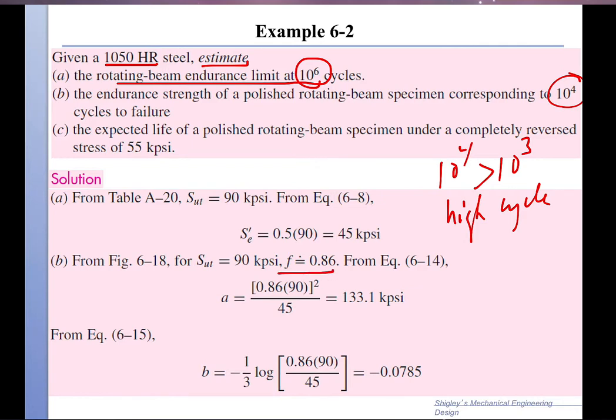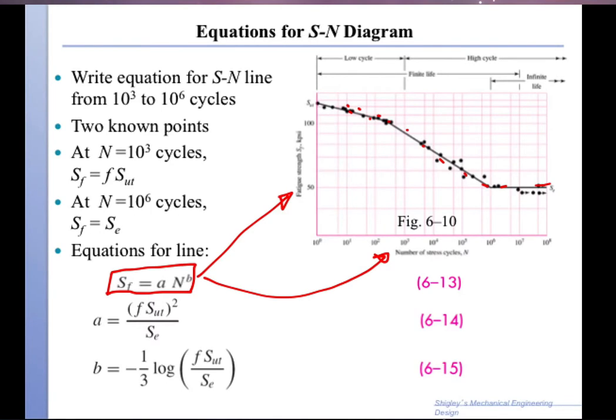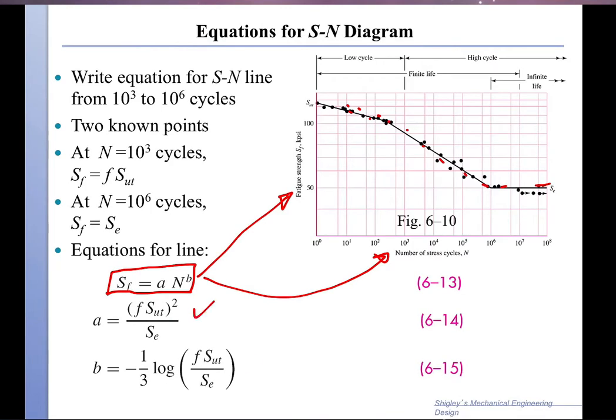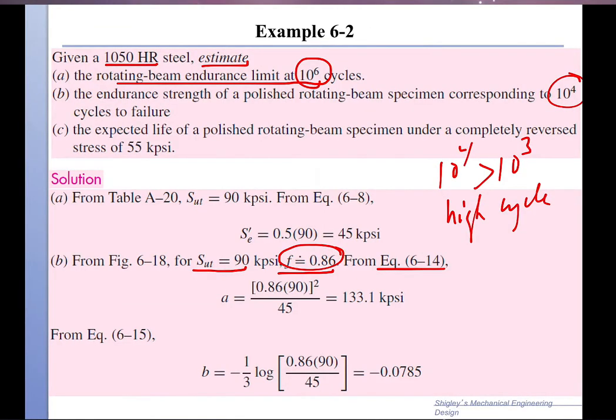For S ultimate of 90, we can use the figure and find f equals 0.86. Once we do that, we can find a and b. So let me remind you what a and b are: this is the value of a and this is the value of b. Straightforward substitutions will give us the values of the two constants.